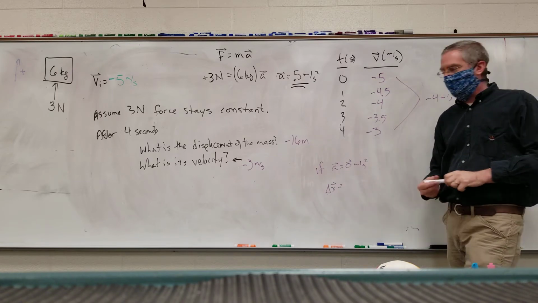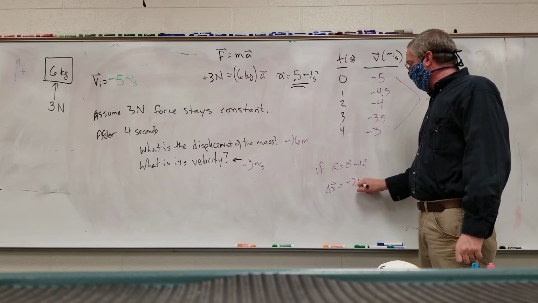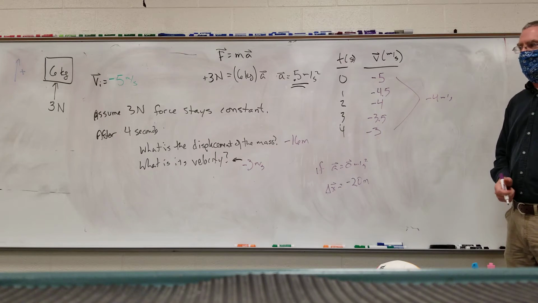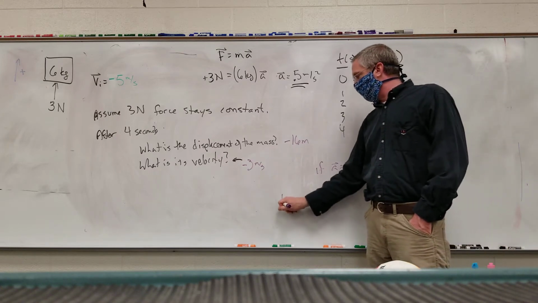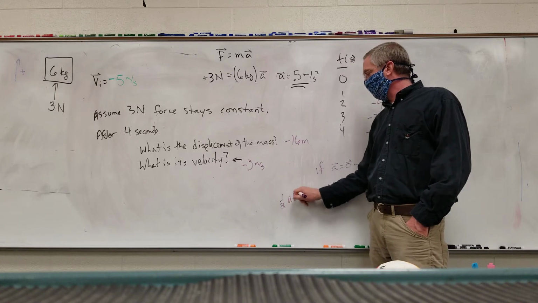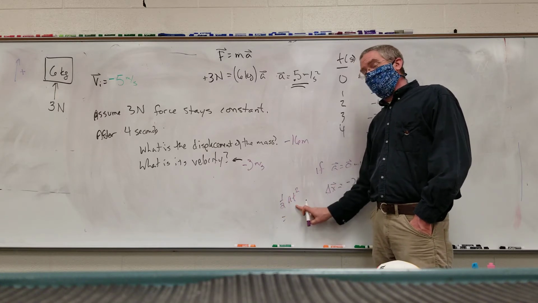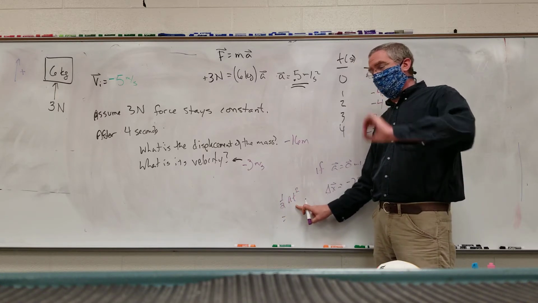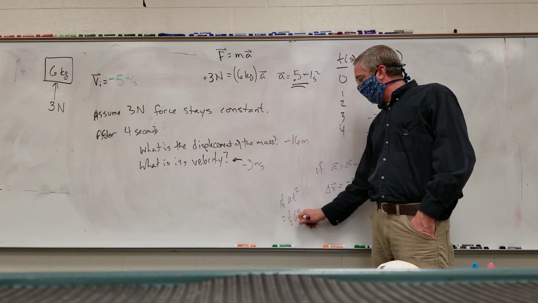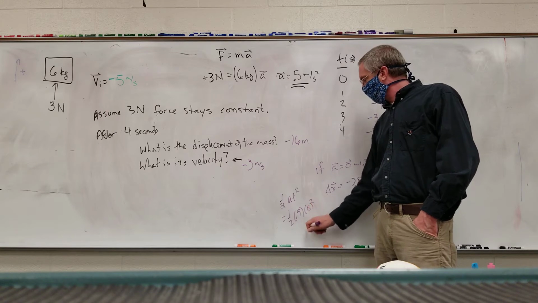Yes, the displacement is -20 meters. If we had plugged into the formula 1/2 at squared, again, this assumes initial velocity is 0, but it's not in this case. But this would be 1/2 times 0.5 times 8 squared, which is 4 meters.